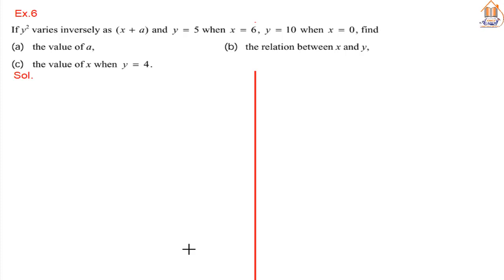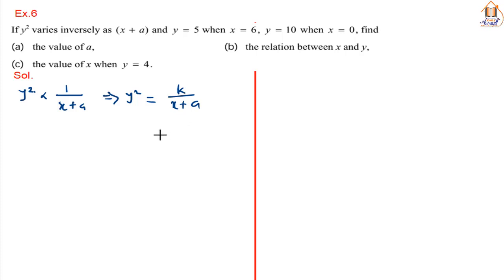Now we're going to start this question by expressing it mathematically. We know that y square varies inversely as x plus a. Therefore, we introduce our constant, so y square is equal to k all over x plus a.